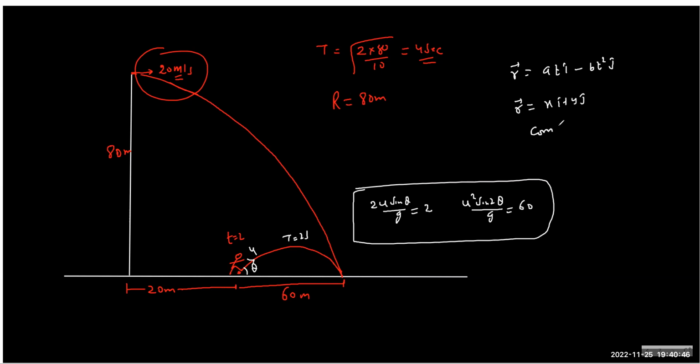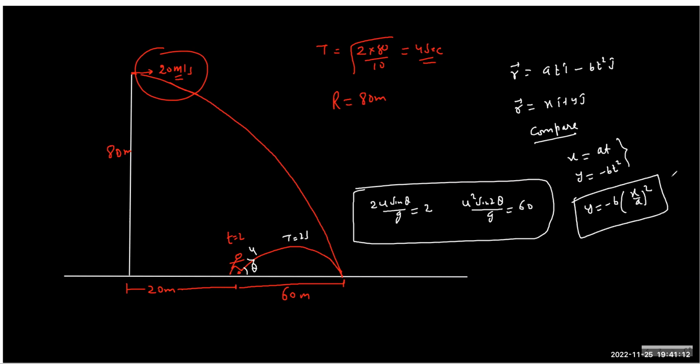Compare. What is x? 8t. What is y? Minus 5t squared. What is the common variable? t. Replace it. This is your equation of trajectory. Clear? Yes, sir.